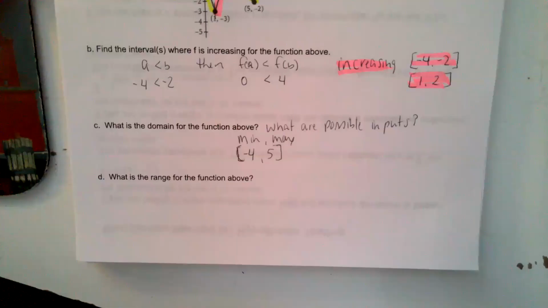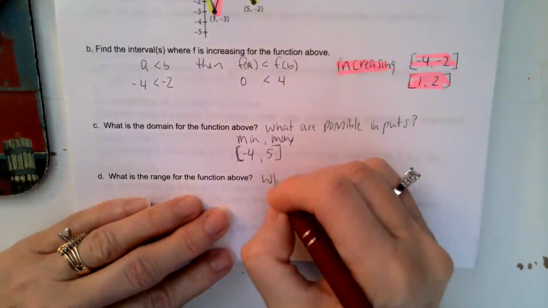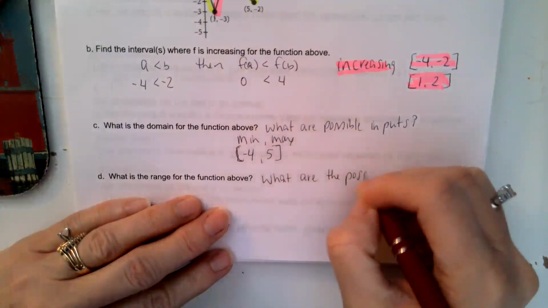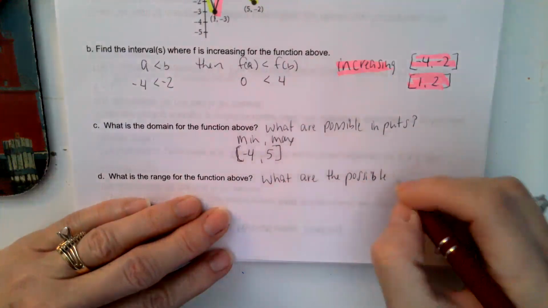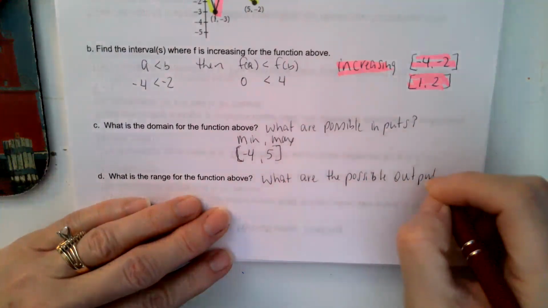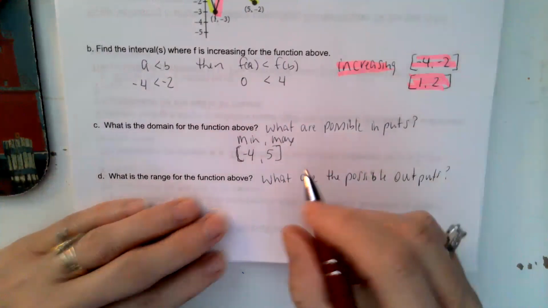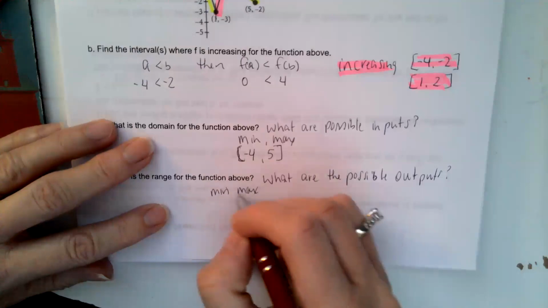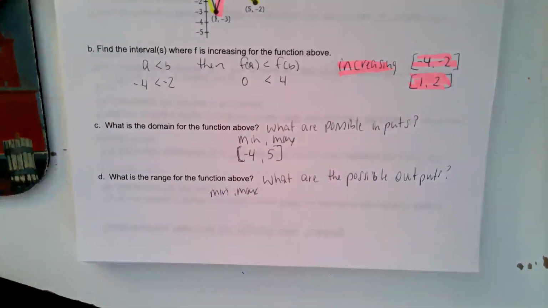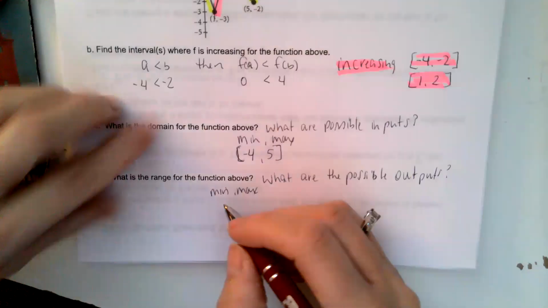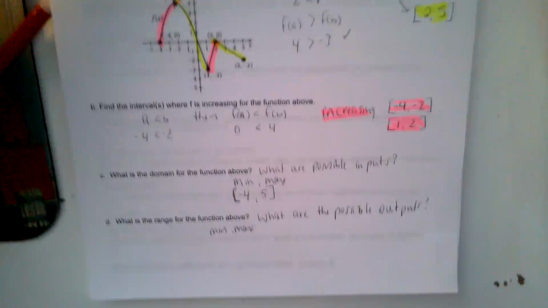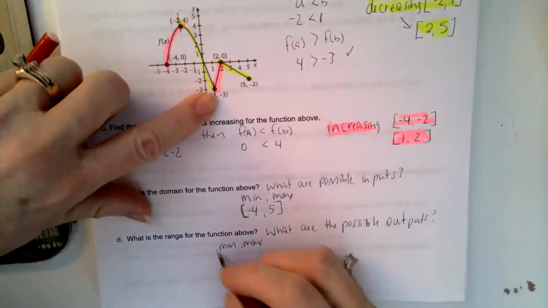And then the range: what are the possible outputs? And then that's going to be in min and max form as well. And so the smallest y, it looks like, is -3, right here.